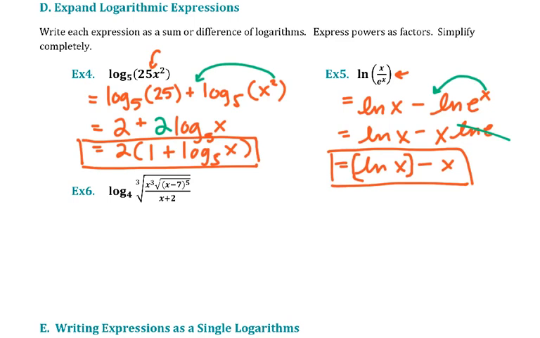And so now we're looking at example 6, which I'm sure looks quite daunting to some of you. But again, you just think about peeling away the layers. So the first thing I'll do is take this cube root, and we can write cube roots as a rational power. So I'm going to rewrite this and say, all right, well, I have log base 4 of this big expression, and that is x cubed.